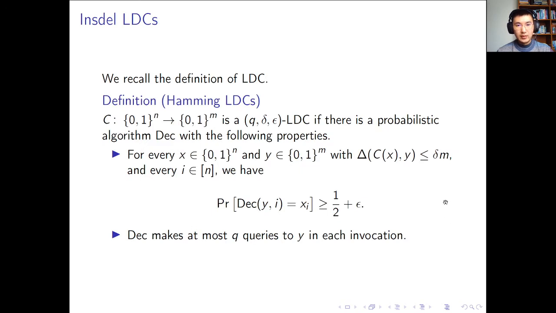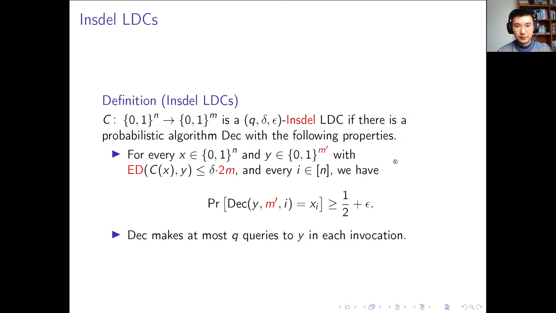Okay. Now we're about to give a formal definition of InsDel LDCs, but before that, let's recall the definition of a Hamming LDC. So here's the formal definition, and we only need to change a few places to obtain the definition of InsDel LDCs. Probably the most noticeable change here is that the string y will have a different length m prime than the codeword length m.